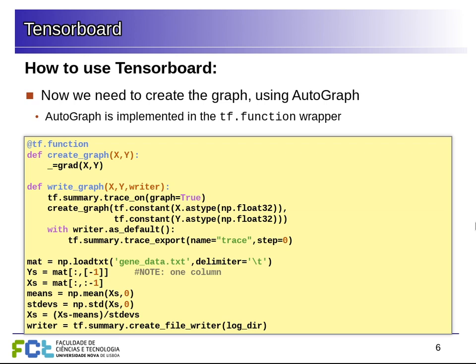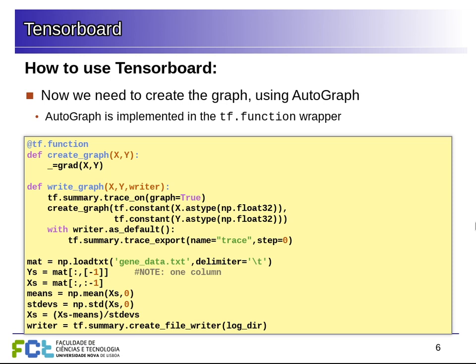So we call this trace on function on the summary module. It means that with graph equals true, the summary module is going to write to the log the graph of the computation, and we're going to create the graph there in TensorFlow.